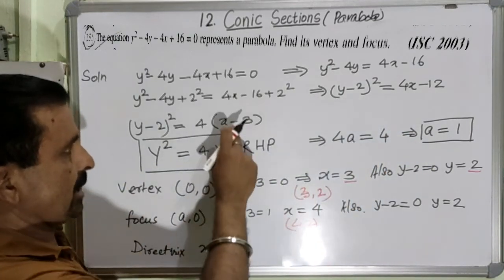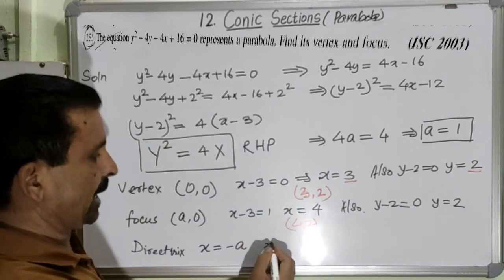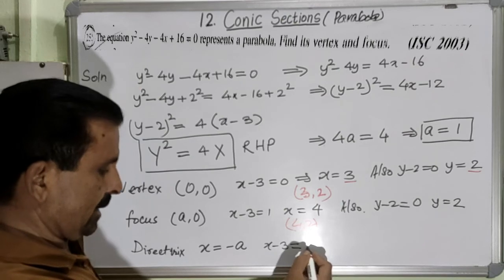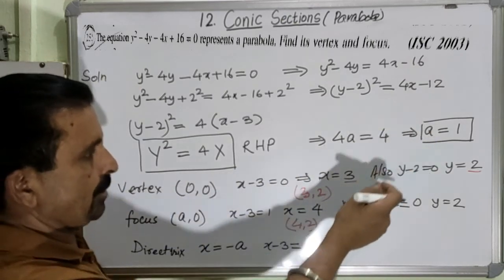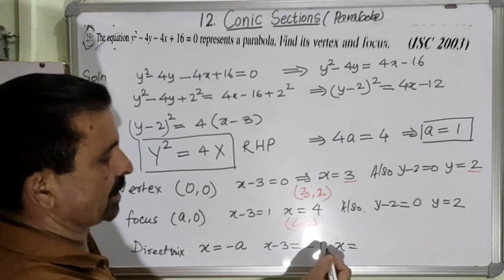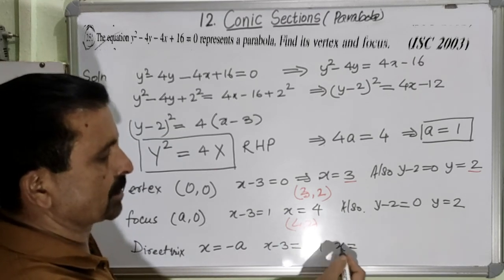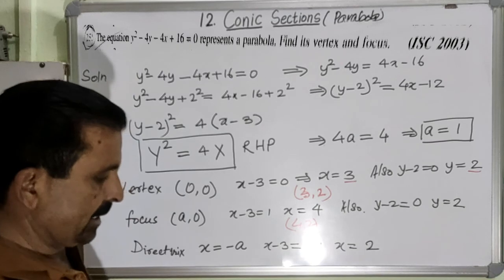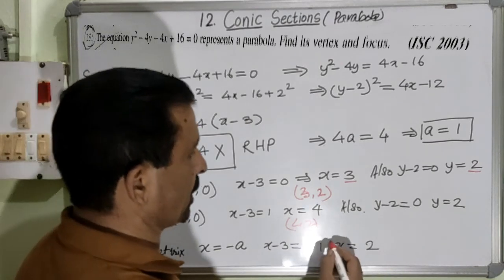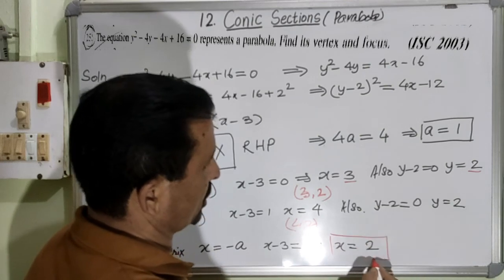So x is actually x minus 3, and this is equal to minus sign, and then the a value is 1, so 1. Therefore your x will be equal to, when minus 3 goes to that side, it will become plus 3. So plus 3 minus 1 is equal to 2, right? And therefore this becomes the equation of your directrix as x is equal to 2.